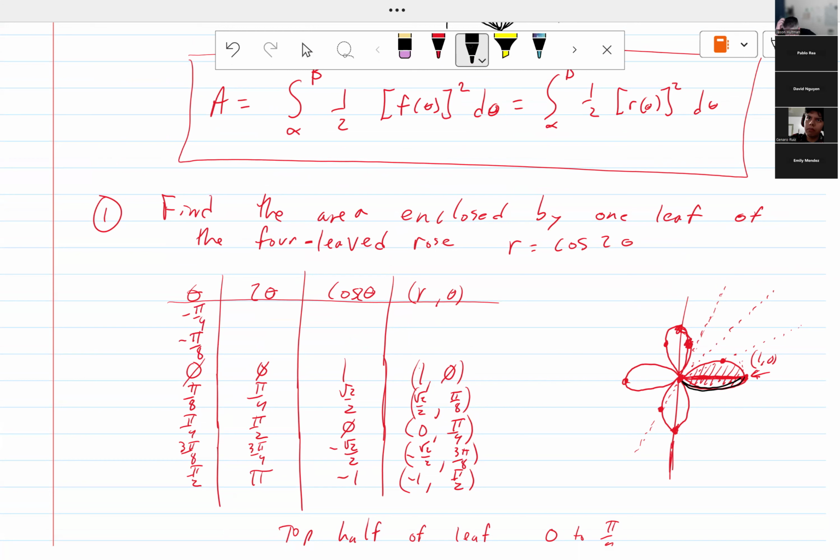Okay, because at negative pi over 4, for my angle, this becomes negative pi over 2, which becomes 0. So it goes back to 0. It should be 0 to negative pi over 4. If I did negative pi over 8, that should give me this point here. Let's see if it does.